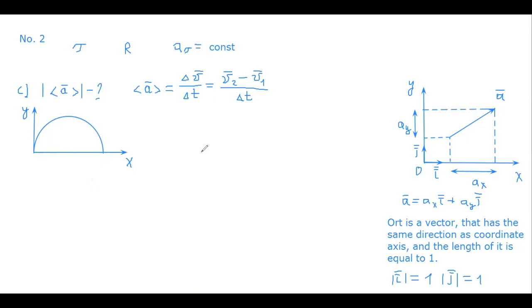And let's define velocities. The vector of velocity of a material point is always tangential to the trajectory. So at the initial position, we have this vector of velocity v1.